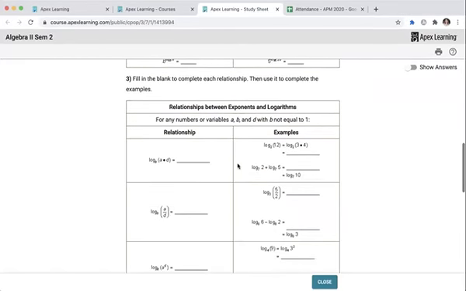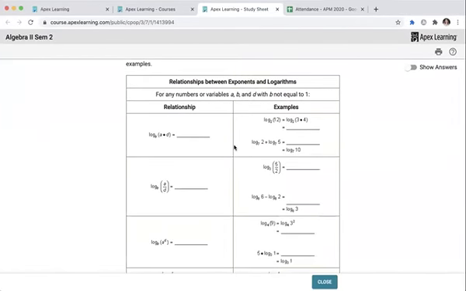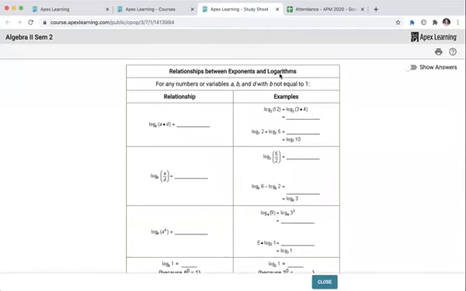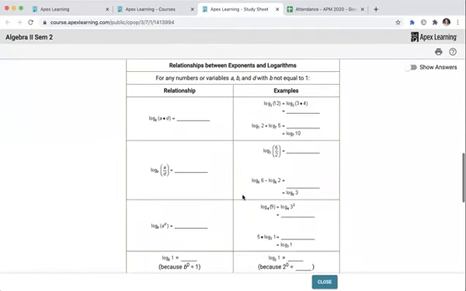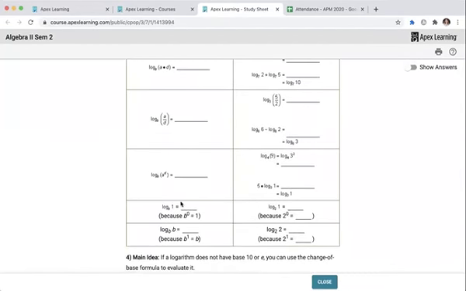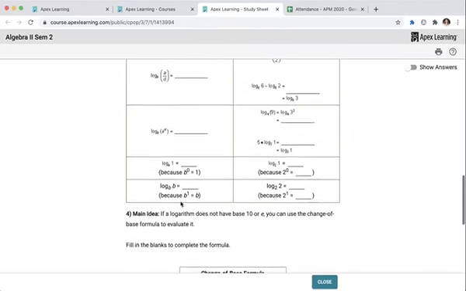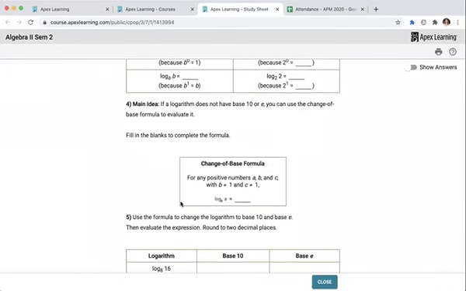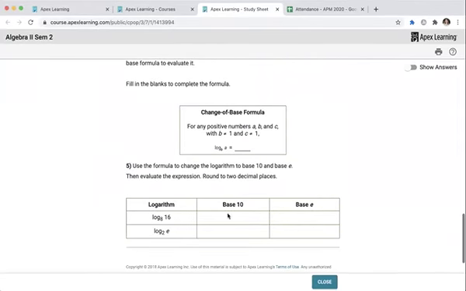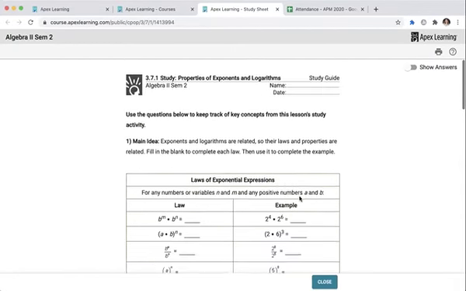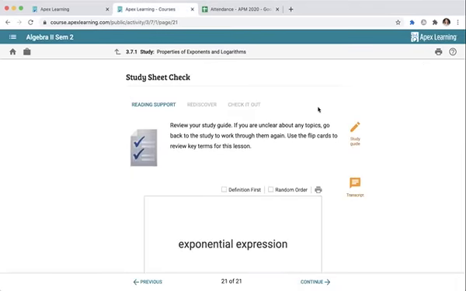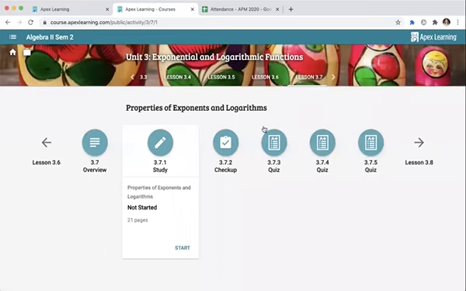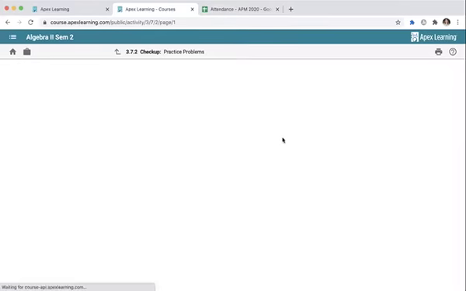And then, of course, understanding the relationship between exponents and logarithms is another key value there. And then the final thing we talked about was our change of base formula. Regardless of whether you do base 10 or base e, when you plug it into your calculator, you're going to get the same values. So when you do your change of base, it truly doesn't matter. It's whatever your preference is.